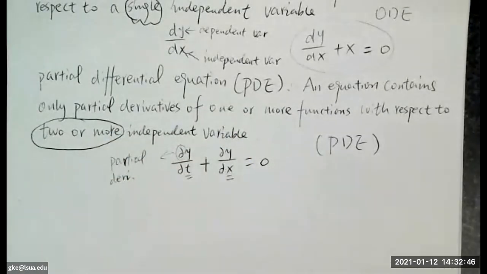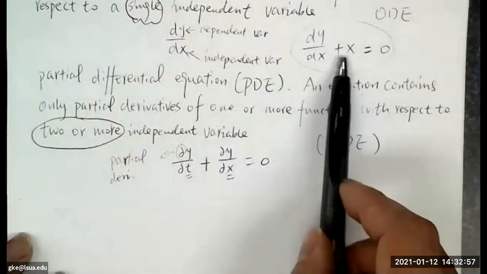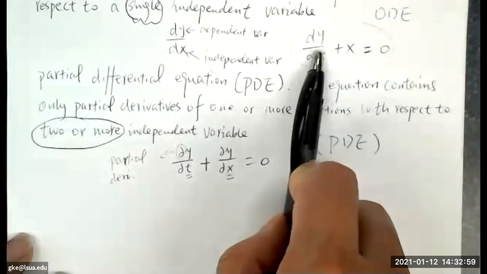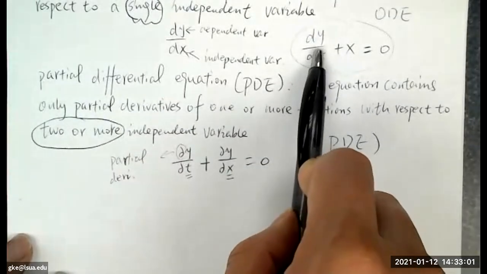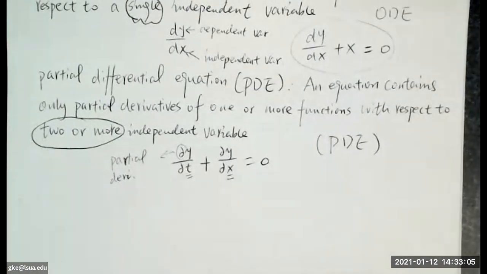That means that is a partial differential equation, or PDE. And you can compare it: for the previous equation we only have one independent variable, and here we have two, t and x.